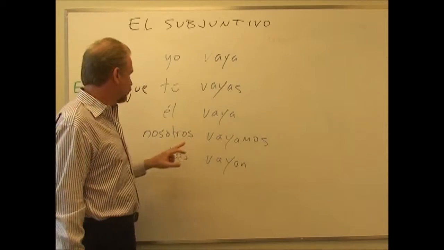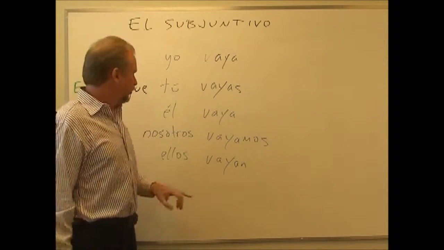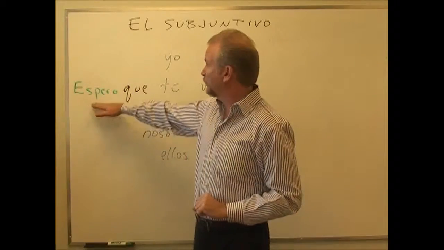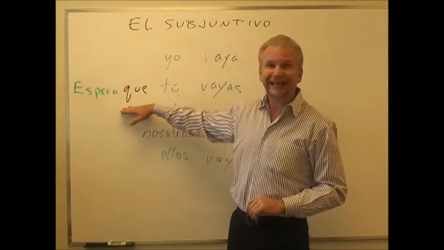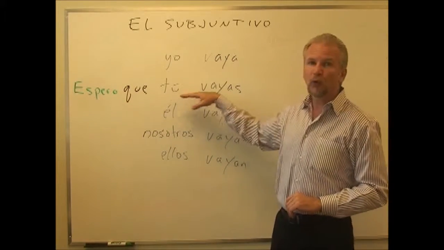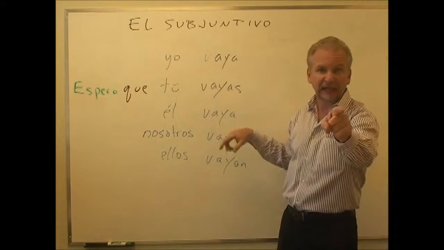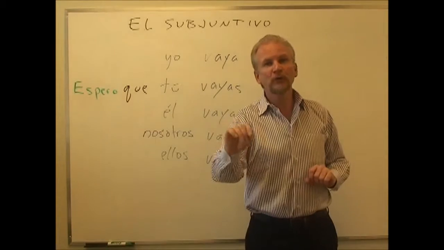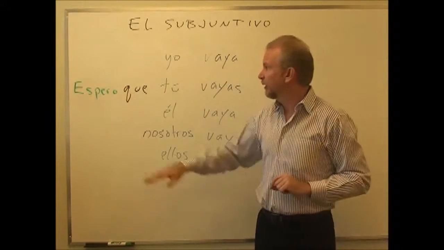Él vaya, he goes. Nosotros vayamos, we go. Ellos vayan. Now, when we're going to throw one of these clauses in here with the phrase que, espero que tú vayas a la clase. I hope that you go to class.